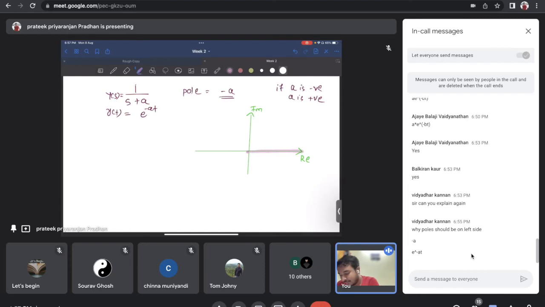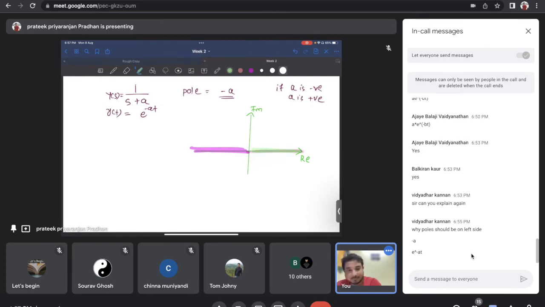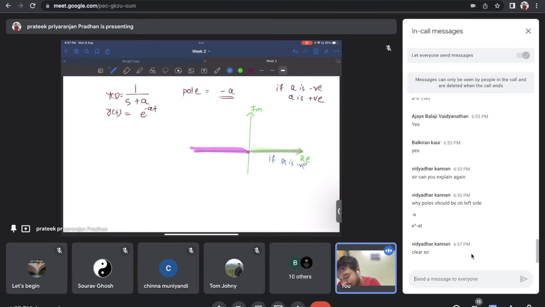Is it clear? And if a is positive, the pole will be in the left hand side. Is it clear, Vidyadhar? This is if a is negative and this is if a is positive.